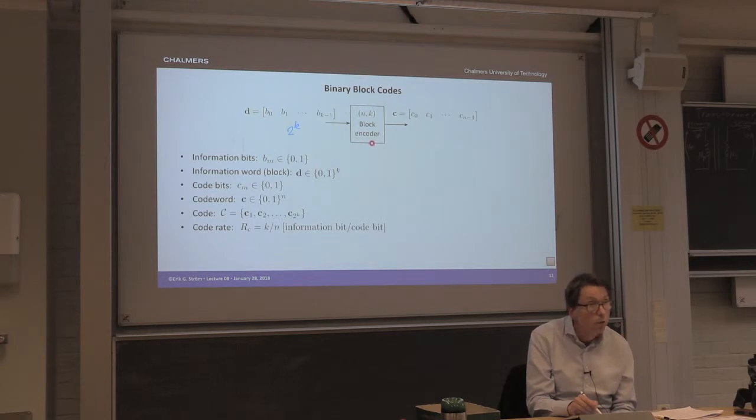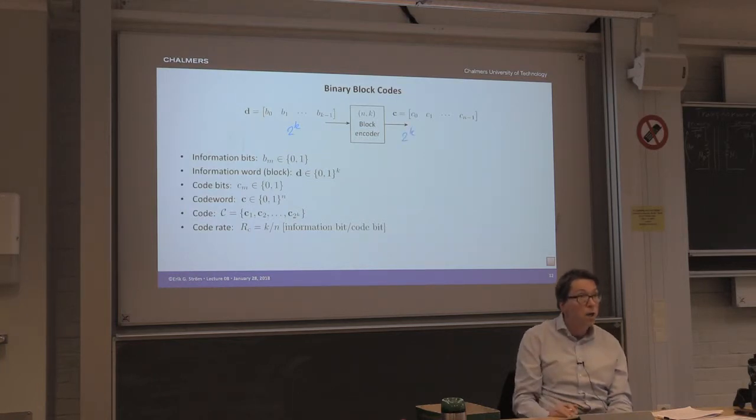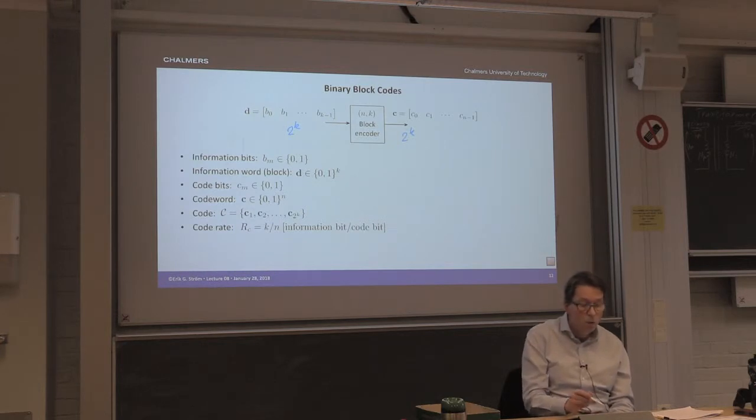So for each input there is an output, and since there are 2 to the power of k possible inputs, the number of possible outputs is also 2 to the power of k. And for reasons which will become obvious, we never, or very seldom, map 2 different inputs to the same output. So we have 2 to the power of k distinct outputs, different bit patterns here.